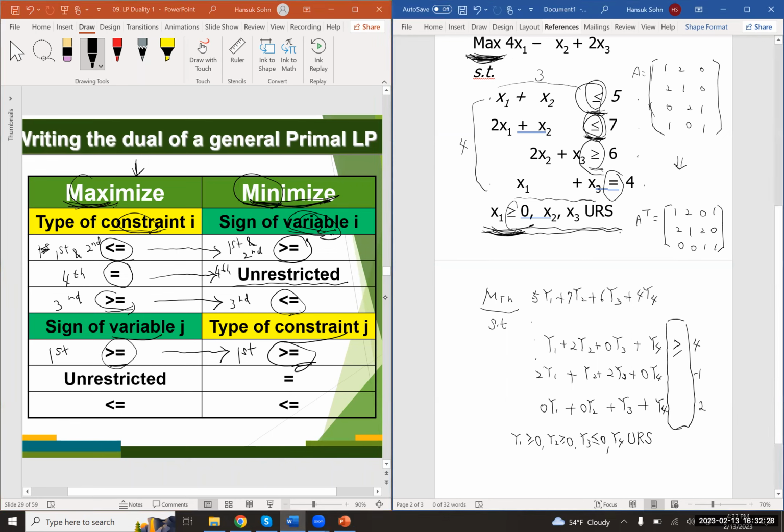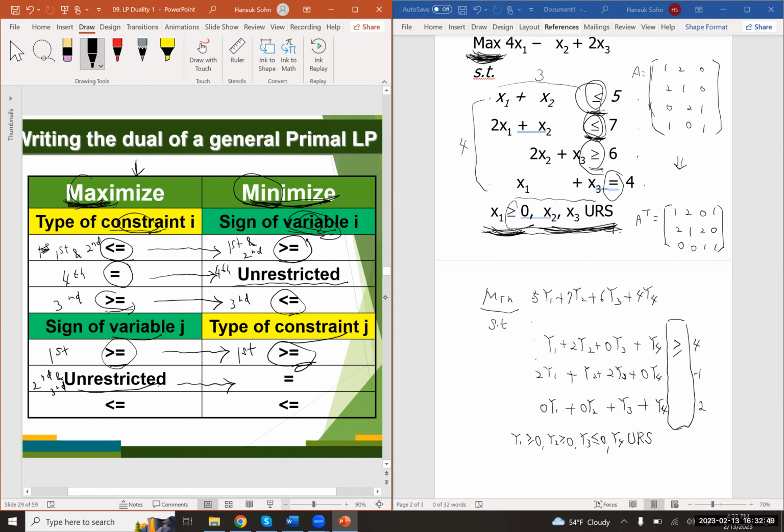okay? And here in the maximization problem, two other variables have no sign restriction. So in the maximization problem, two other variables, second and third variable, have no sign restriction.